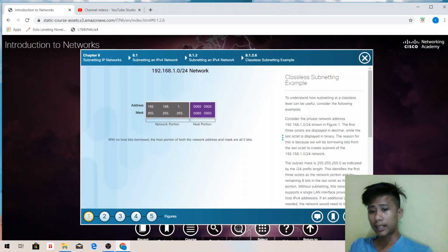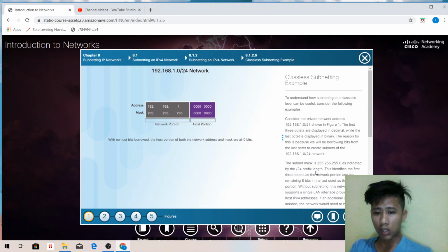Classless subnetting example. To understand how subnetting at a classless level can be useful, consider the following example. Consider the private network address shown in the figure. The first three octets are displayed in decimal, while the last octet is displayed in binary.